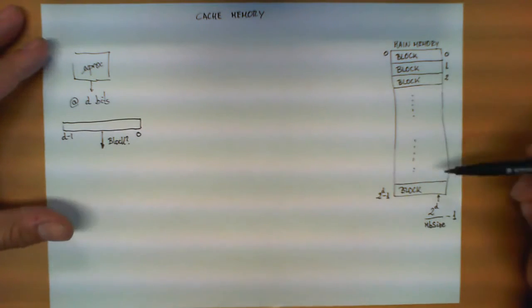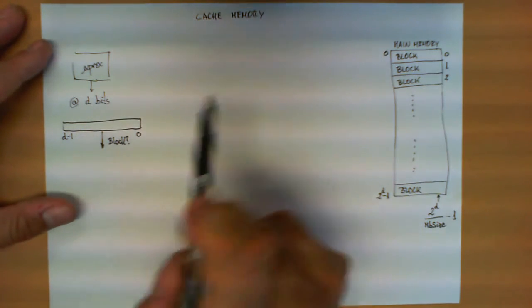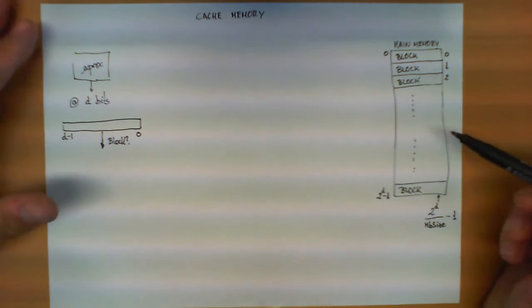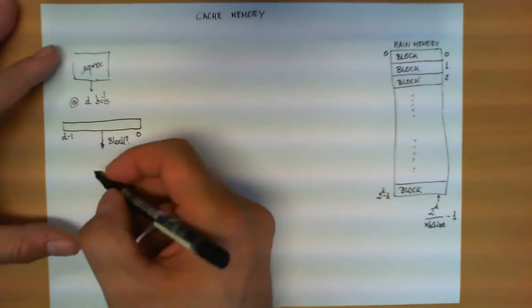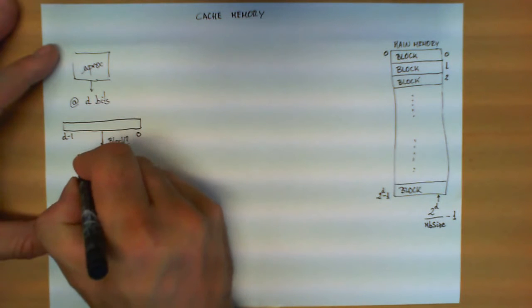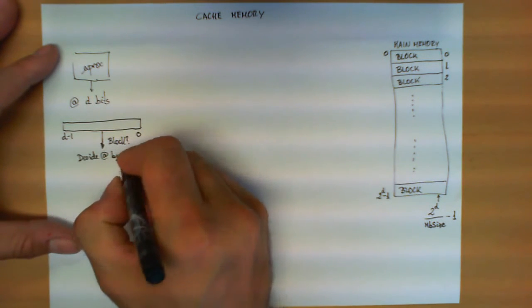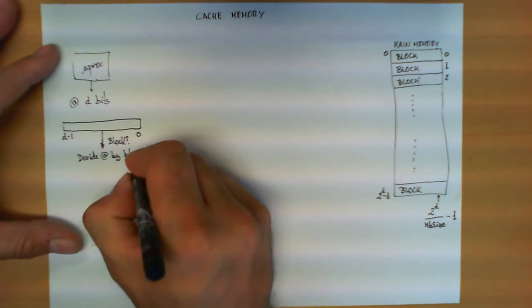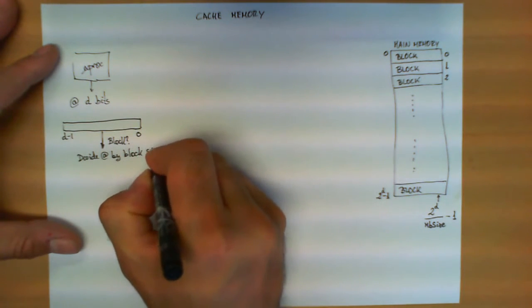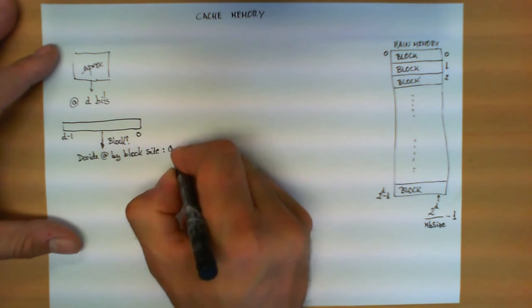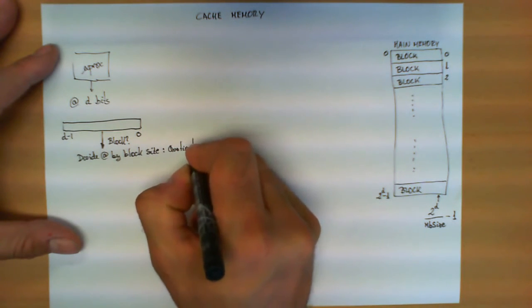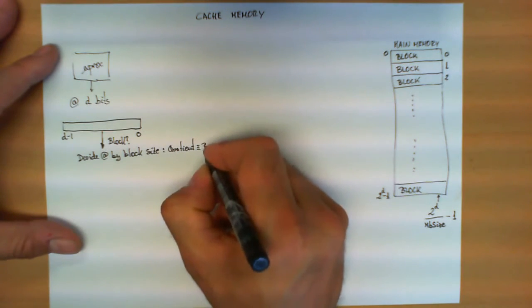Which one of these blocks is the one that contains this specific address? What I have to do is one operation: divide the address by the block size. And then the quotient is precisely the block number.